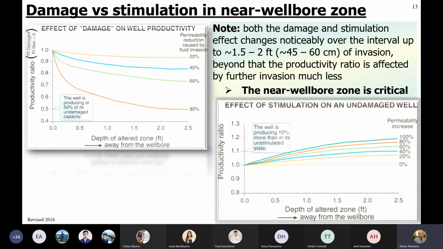It is really critical because, first of all, the damage happened there, and also when we consider the reservoir fluid flow from the edge of the reservoir towards the wellbore, the wellbore diameter is very small compared to the reservoir radius or drainage radius.